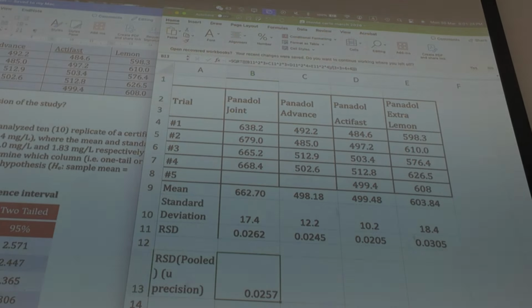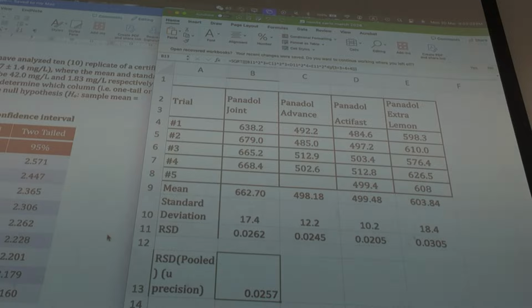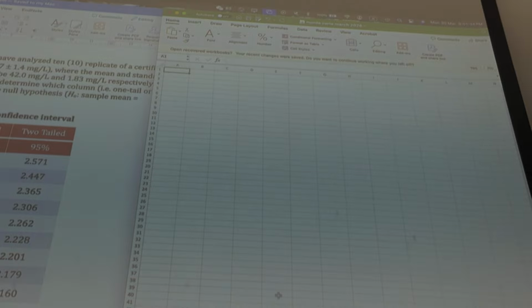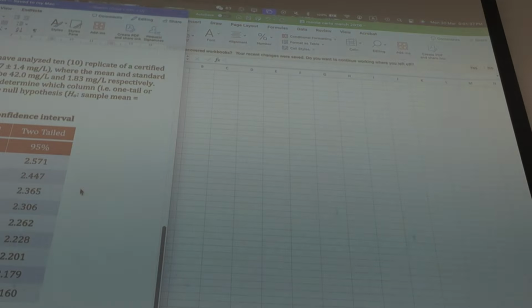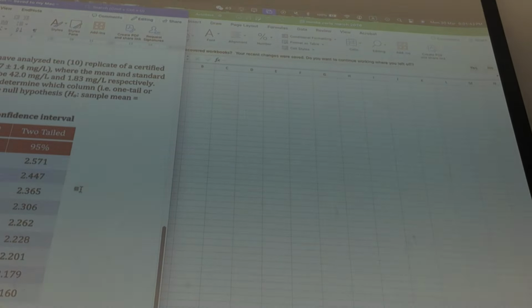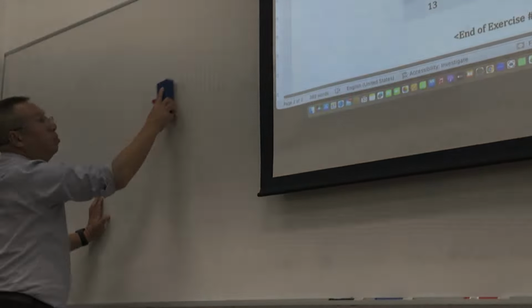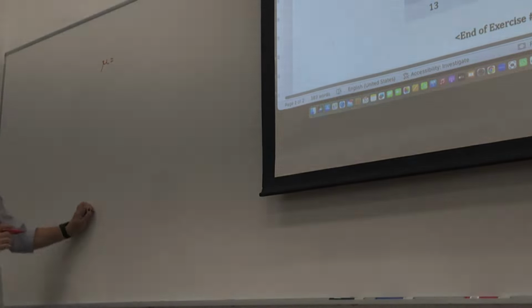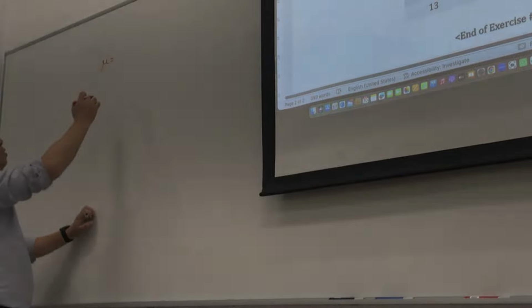And the final one is, during the determination of bias, you have analyzed 10 replicates of a certified reference material. The reference value, okay, means this one, 40.7.